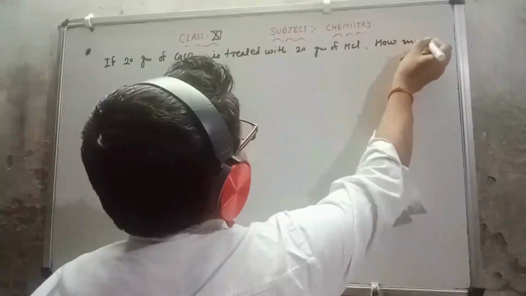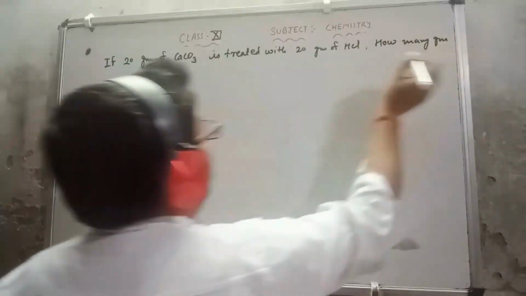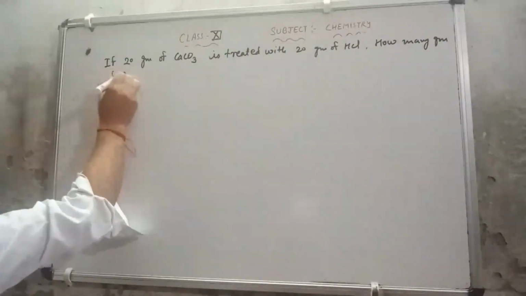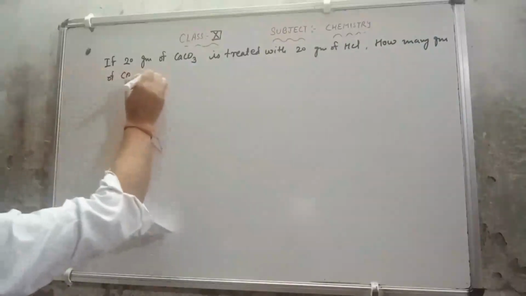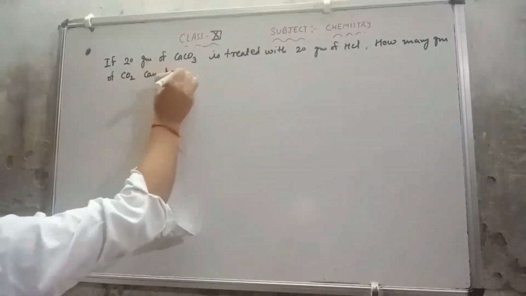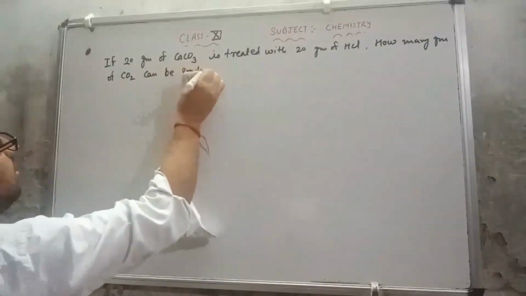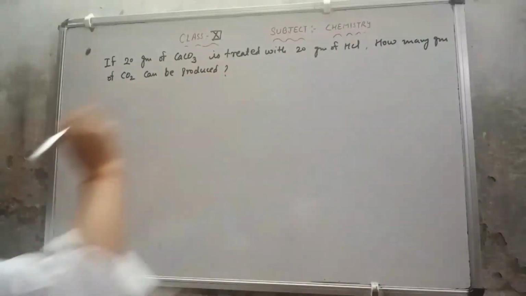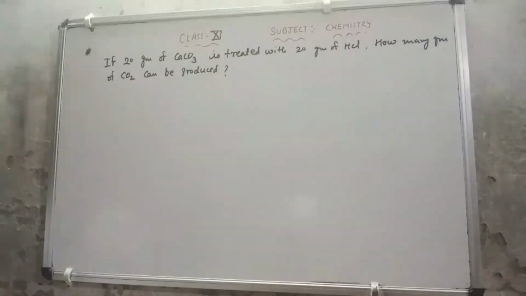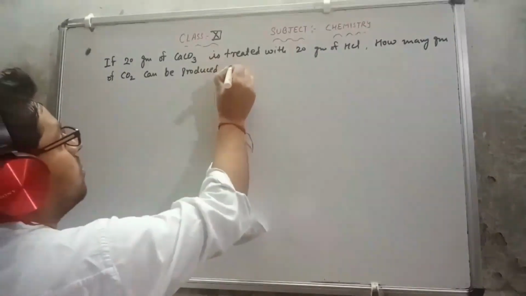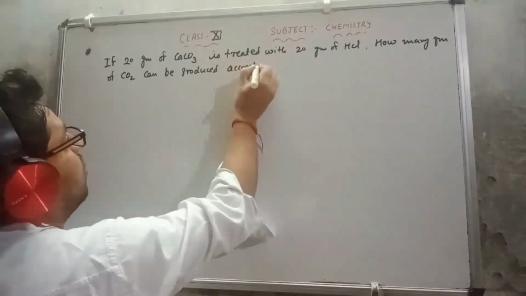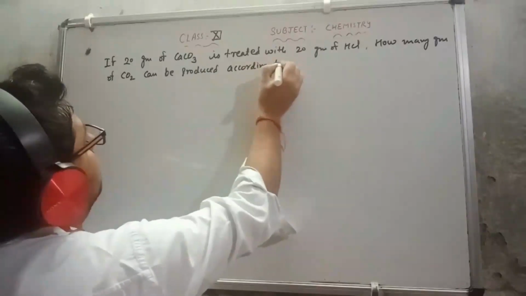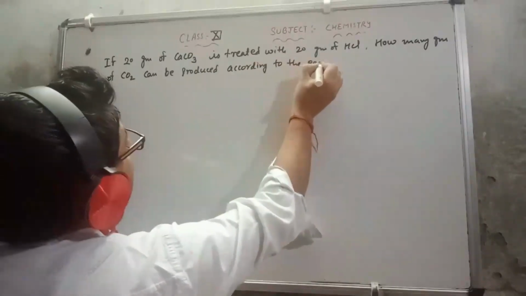How many grams of CO2 can be produced according to the equation?